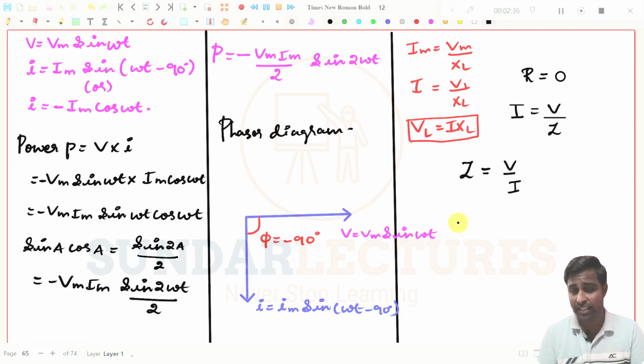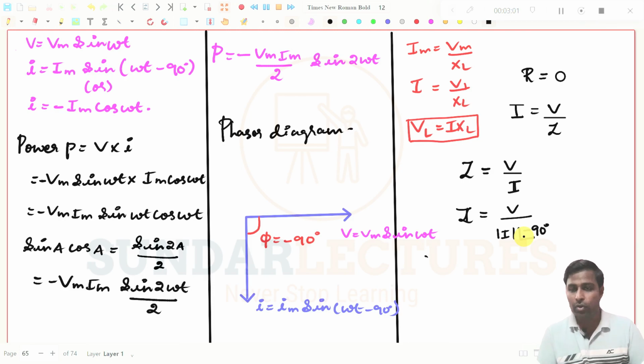So Z can be written as V divided by the modulus of I at an angle, which is minus 90 degree.